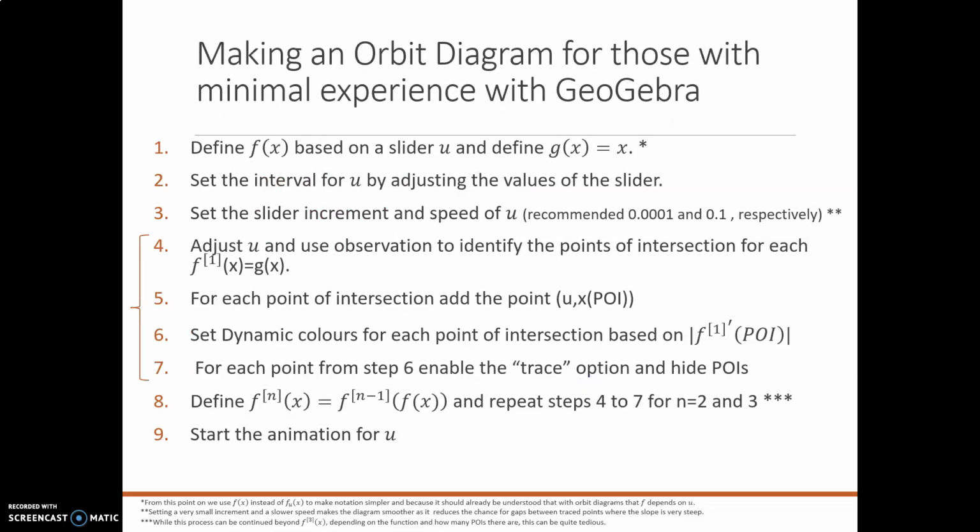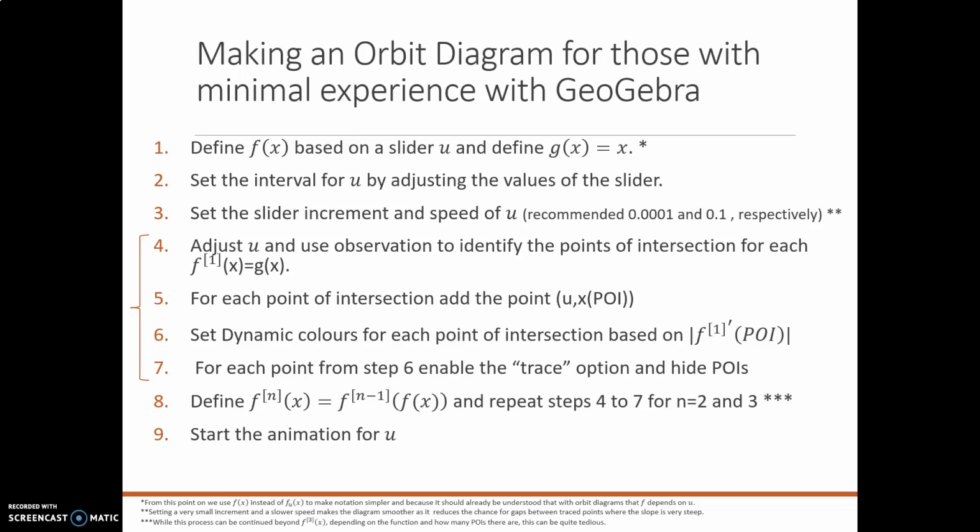At this point, we're going to take a look at a process of how to make an orbit diagram for those with minimal experience in GeoGebra. First, define f(x) based upon a slider u and define g(x) equal to x. Set the interval for u by adjusting the values of the slider. Set the slider increment and speed of u, recommended to be 0.0001 and 0.1 respectively.